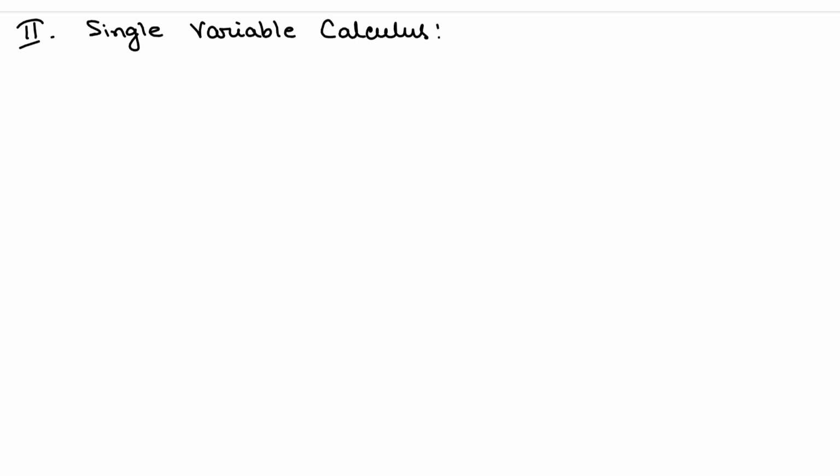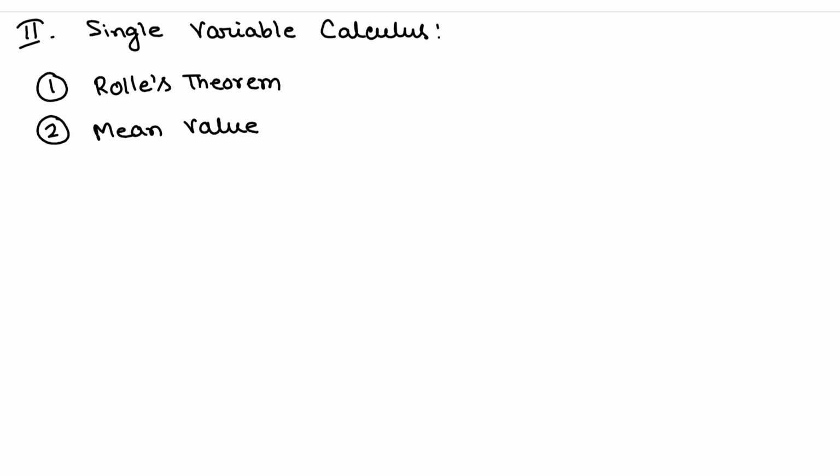Okay. So first in your syllabus, this is Rolle's theorem. Second, you have mean value theorem. Okay, and in your syllabus there are total 4 types of mean value theorem.